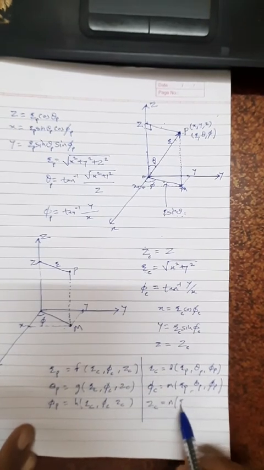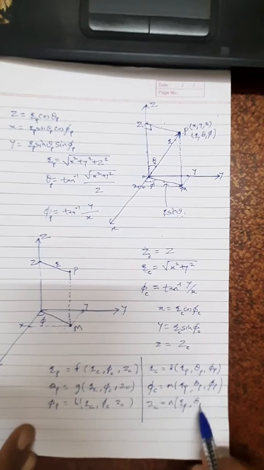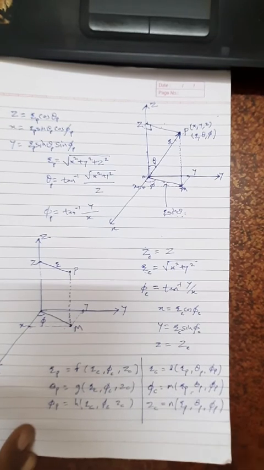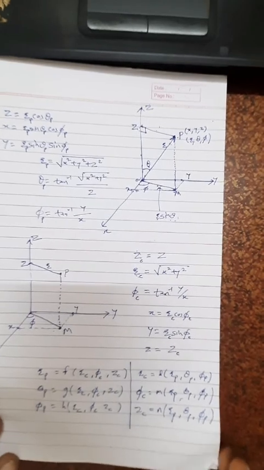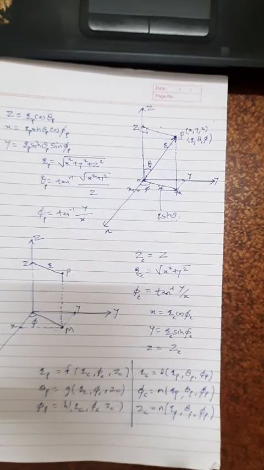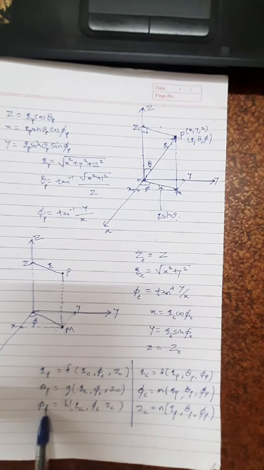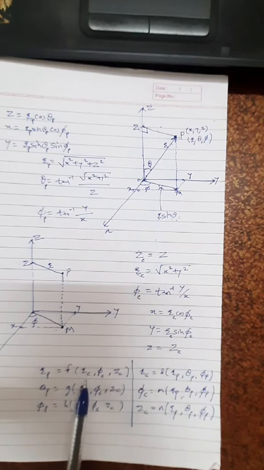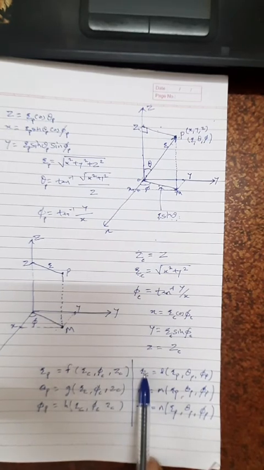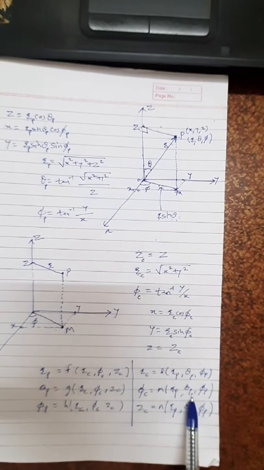It is another function of r in polar, theta in polar and phi in polar. Therefore, the homework is to determine 6 equations: the transformation equations for coordinates in the polar coordinate system in terms of the cylindrical coordinate system, and for the cylindrical coordinate system in terms of the polar coordinate system.